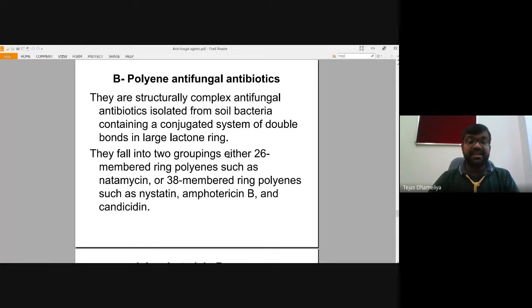So now friends, let us go to the 26-membered polyene, an example is natamycin. Natamycin is an antibiotic which has a 26 carbon ring.